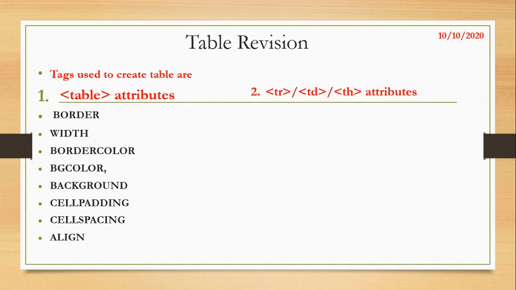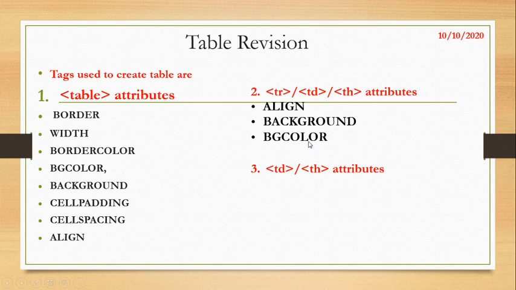And also tr, td, th, these tags are also used while creating the table. tr stands for table row, td stands for table data, th stands for table header, and they have attributes like align, background, bg color.